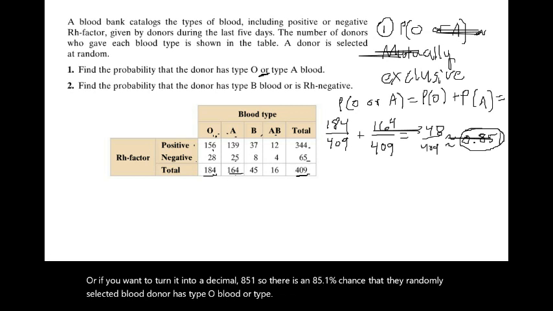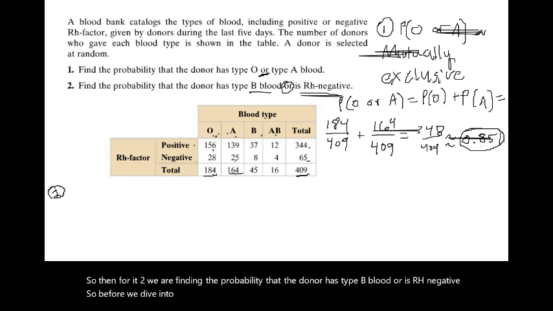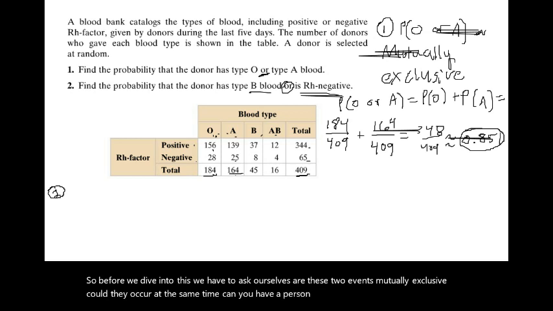So then for number 2, we are finding the probability that the donor has type B blood or is Rh negative. Before we dive into this, we have to ask ourselves, are these two events mutually exclusive? Could they occur at the same time? Can you have a person that has both type B blood and a negative blood type? Yes, you can.